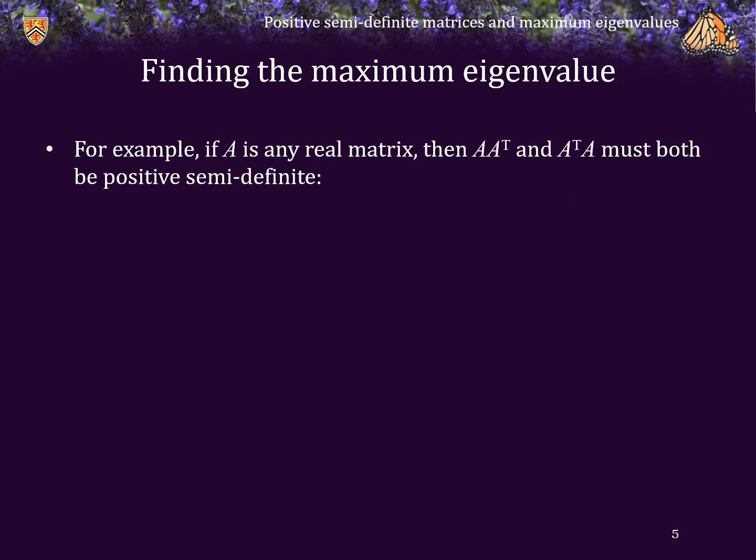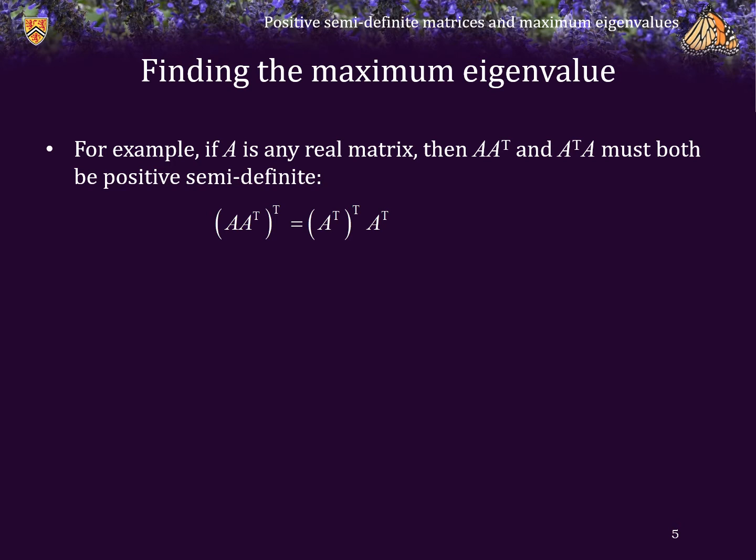So, as an example, suppose that A is any real matrix. In that case, both A times A transpose and A transpose times A must both be positive semi-definite. First of all, they are symmetric, for the transpose of A times A transpose is just the transpose of the operands in reverse order.